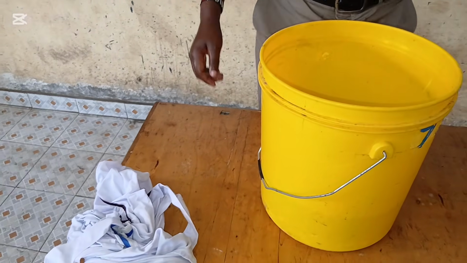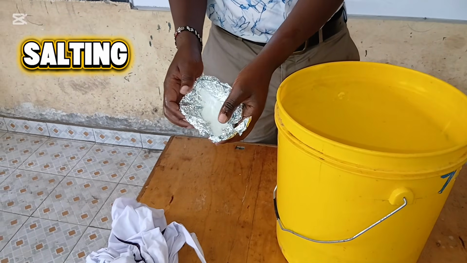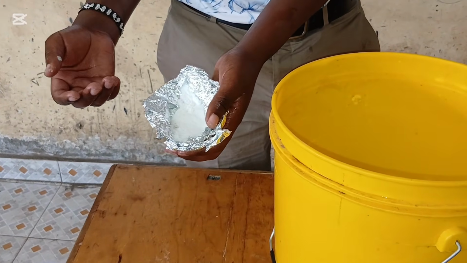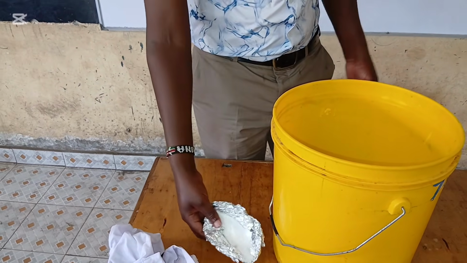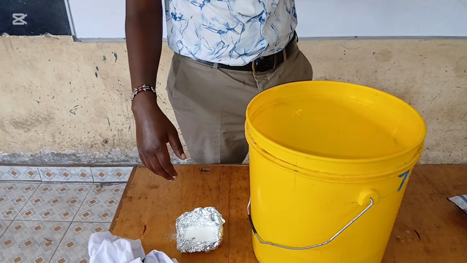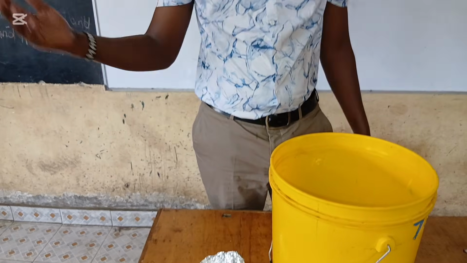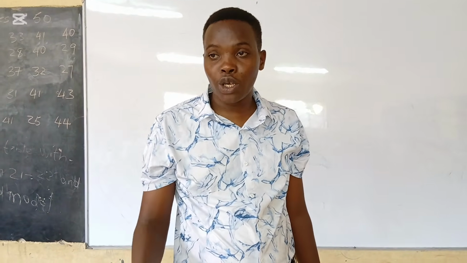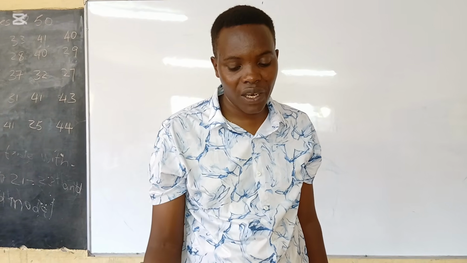In the next step, I am going to use salt to kill any germs that might have survived the disinfectant. Then after that, we are going to dry our piece of fabric under shade or where we have some sunlight, so that the UV rays from the sunlight can kill the tough germs that cannot die due to the salt or disinfectant.